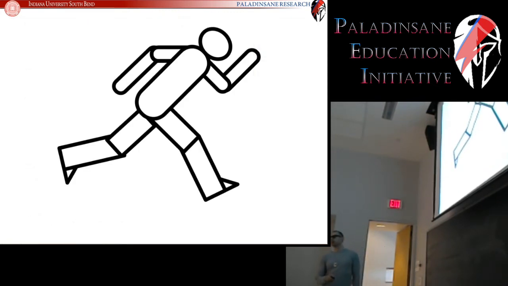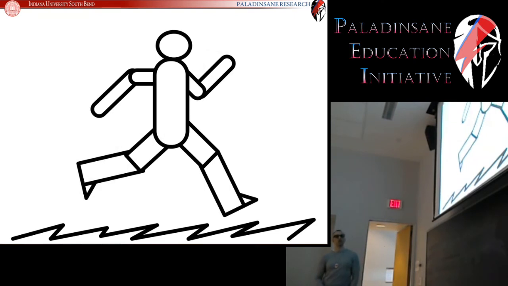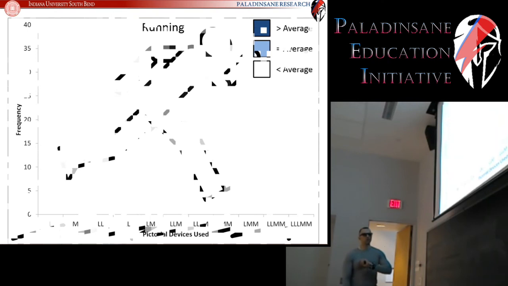So there's no ground plane. There's posture and there's orientation. That's two literal, zero metaphorical. This is also two literal, zero metaphorical. So we have posture and ground plane, but no orientation. Here we have orientation and ground plane, but no posture. This would be three literal devices. We got orientation, we got posture, and we got ground plane. So that's an example of three metaphorical devices.